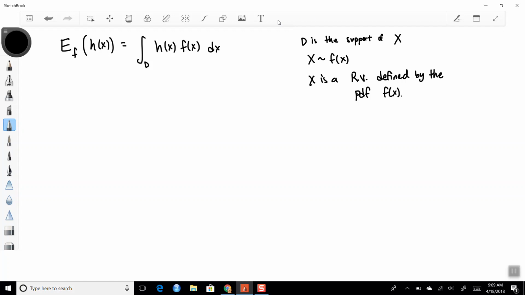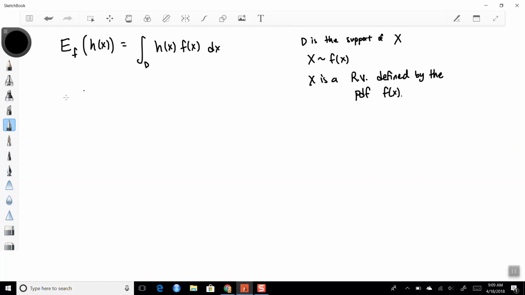So the expected value of this function over the probability distribution f is this thing.